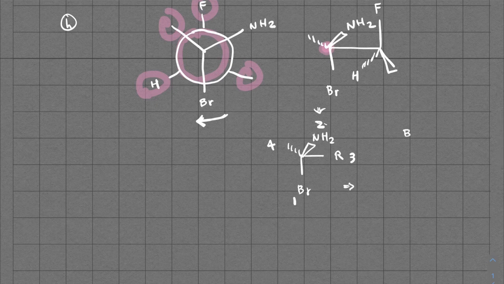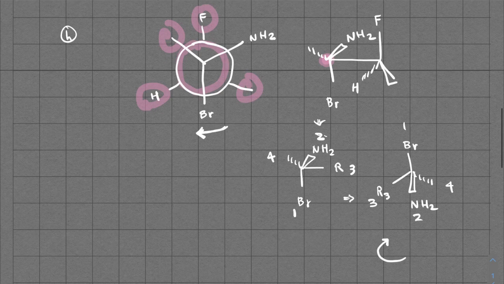So let's put our first priority atom on top. It is rotating this way, so that is going to be an R configuration for our front carbon.